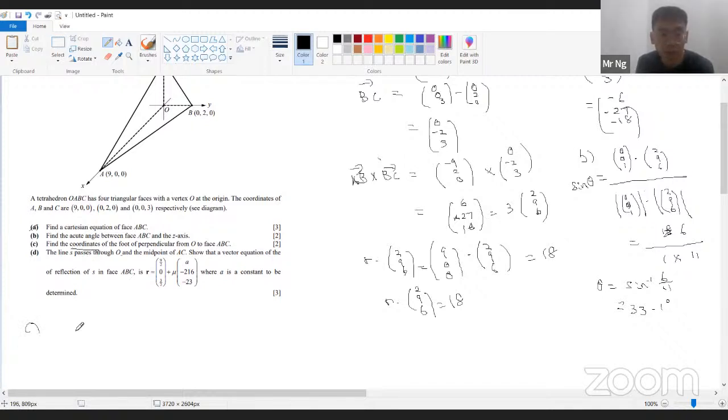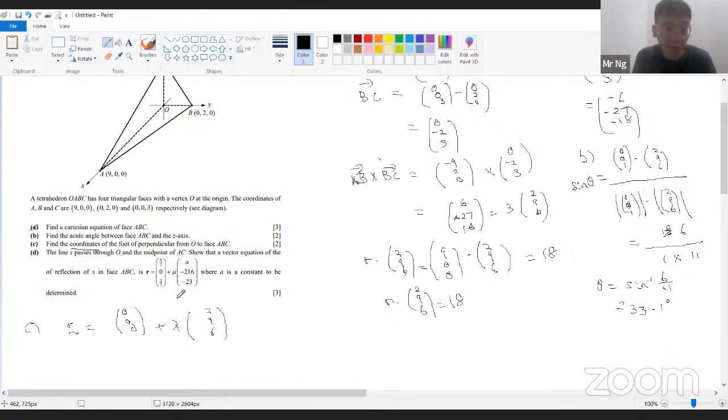To find an intersection, you need the equations of two things, either line and plane. So we form the equation of the line first: r equals something plus lambda times the normal, which is 296, from the origin. This line is going to cut through the plane, and that point is the foot of perpendicular.